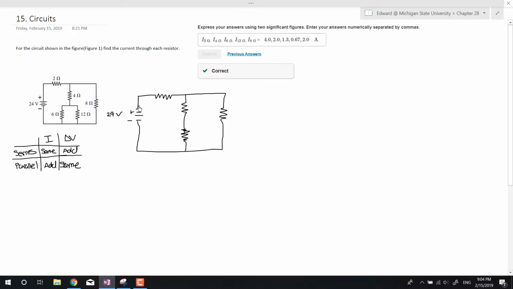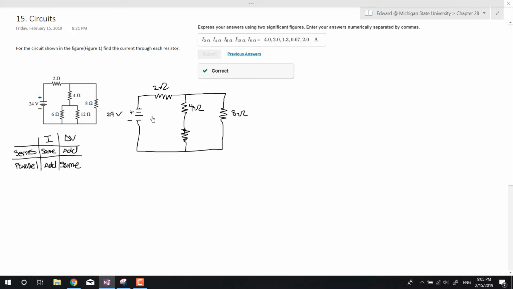This is equivalent, so this will still remain as 2 ohms. This is going to be 8 ohms. That's still 4 ohms because we didn't combine anything here. And then these two we did combine. So how do we find the equivalent resistance for these two?